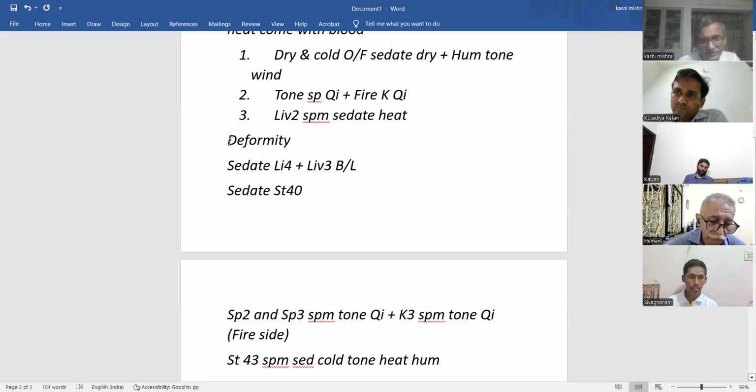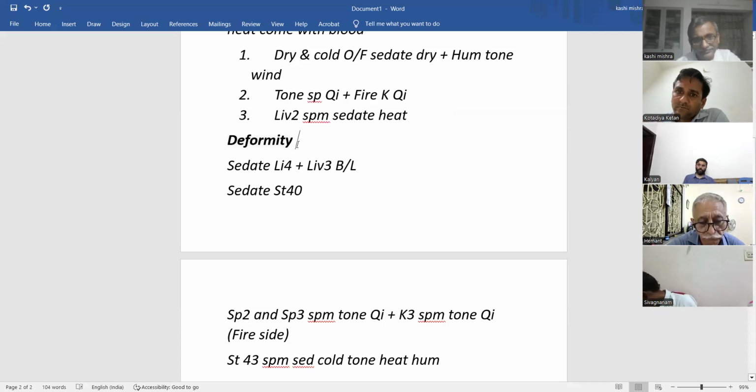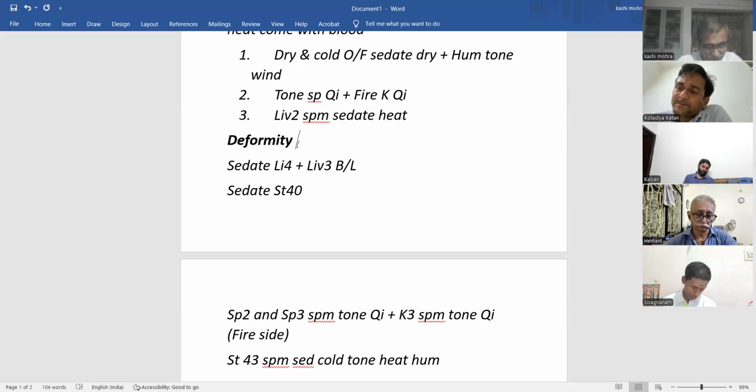Deformity of joints. क्या है ये? सर, LI4-3 को सीडेट क्यों करता है?